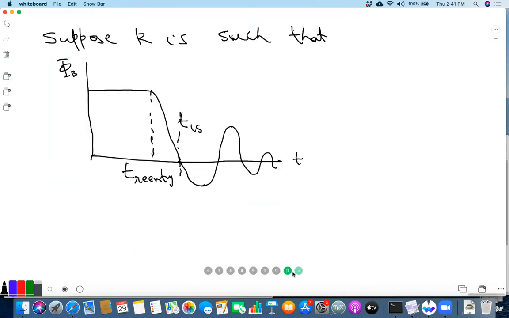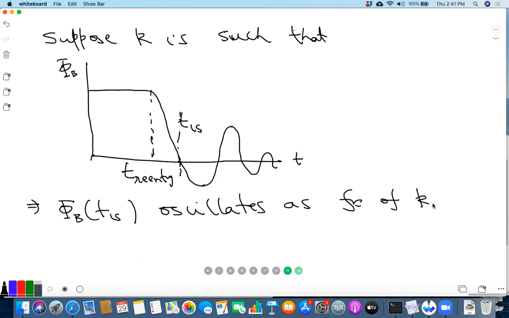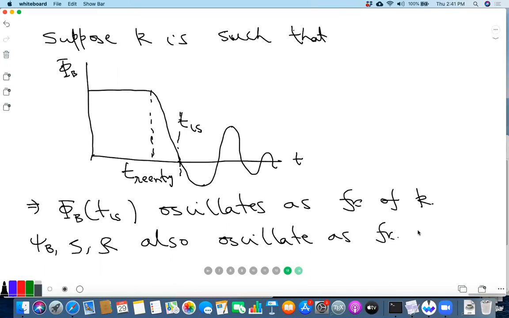But the net result is that phi b at TLS oscillates as a function of K. And this basically means that all the other things also oscillate: psi b, zeta. Because these are all determined in terms of phi b and its first derivative, these also oscillate as a function of K.